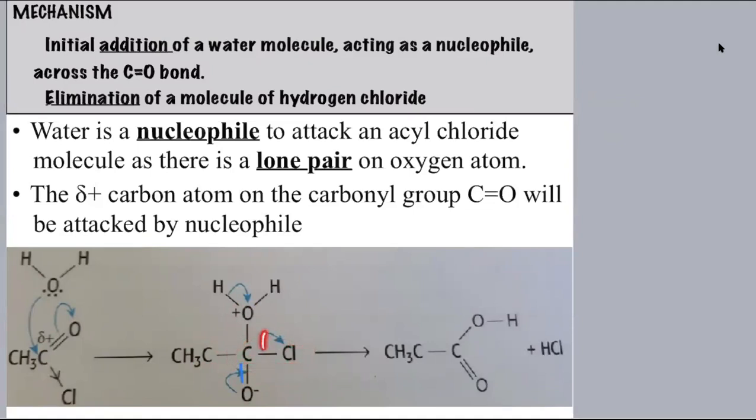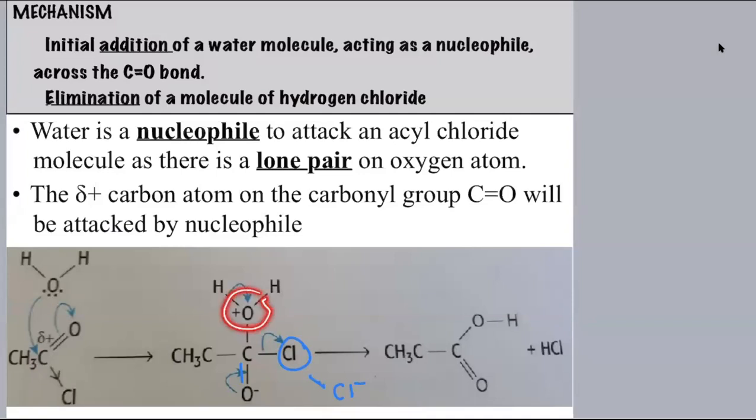So what happens? The carbon chlorine bond breaks, the chlorine gets the electrons, therefore Cl becomes Cl minus, which you don't see. Another part where you don't see is this: that oxygen is positively charged.